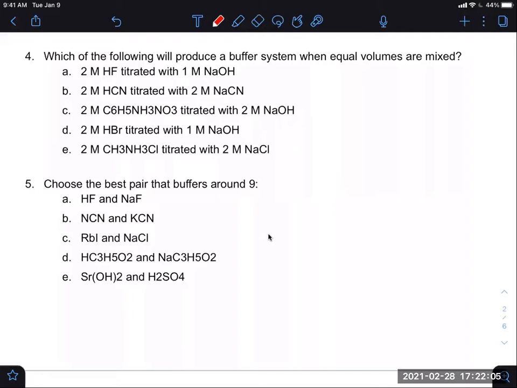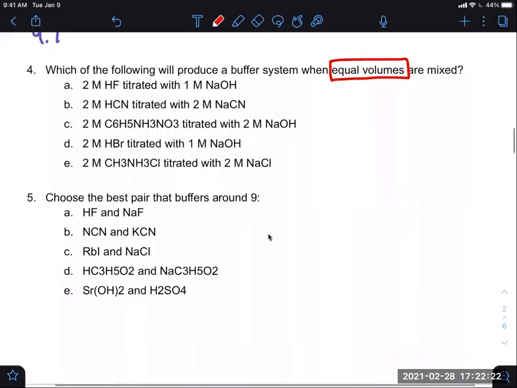However, we have these in equal volumes. So that means we can just convert these. I won't write them all out, but 2 molarity will equal 2 moles, basically, since they're all equal volumes. So you don't need to worry about converting them to moles because what you see is what you get, basically.